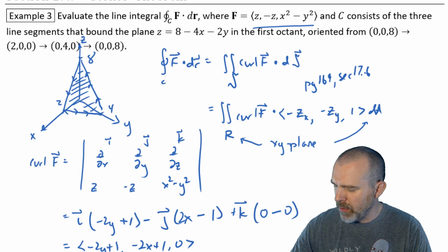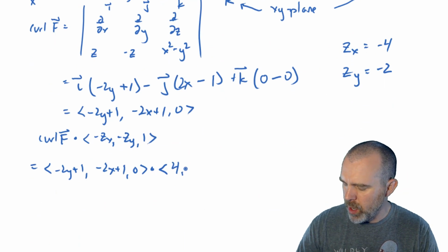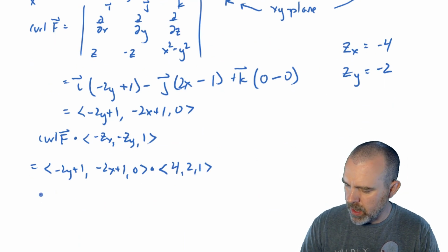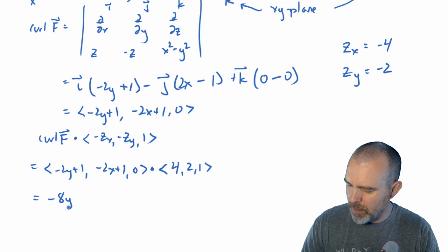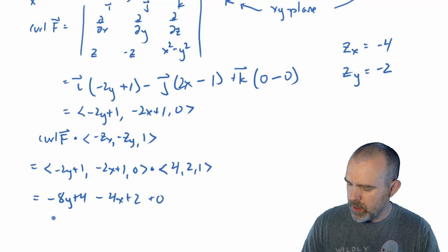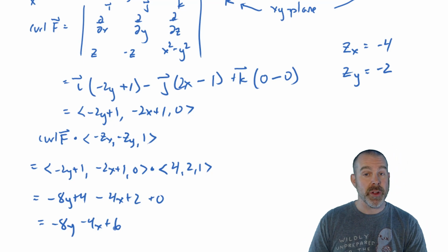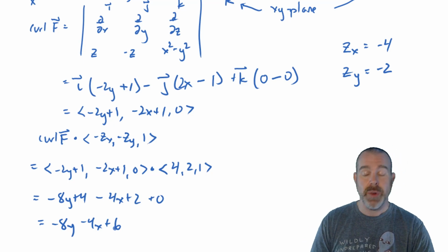The partial derivative of z with respect to x will be negative 4, and the partial derivative of z with respect to y will be negative 2. But we want the opposites of those, so that'll be 4, 2, 1. Okay, so that's negative 8y plus 4 minus 4x plus 2, and then plus 0. So it looks like negative 8y minus 4x plus 6. So that is what we are going to integrate over the region.